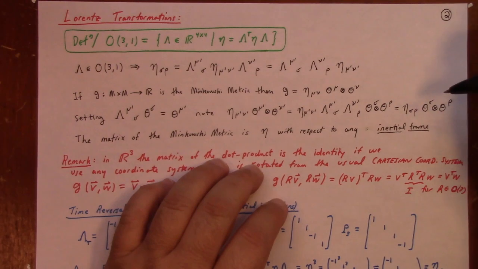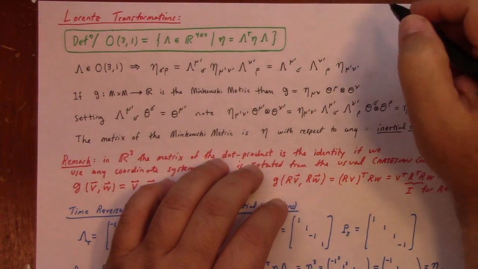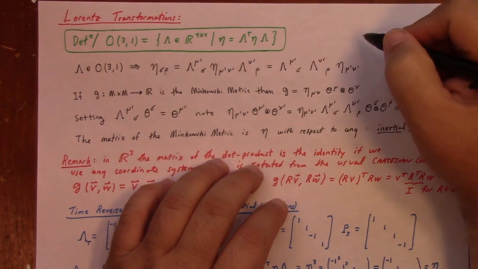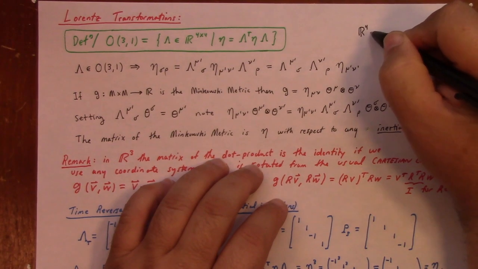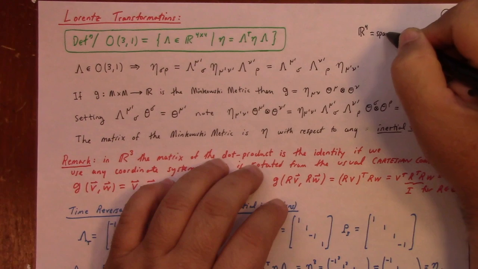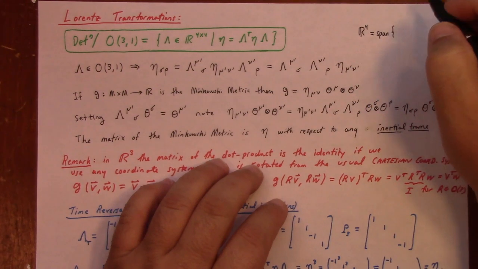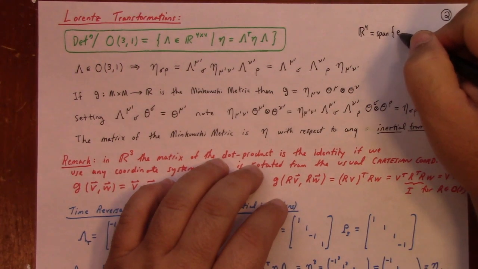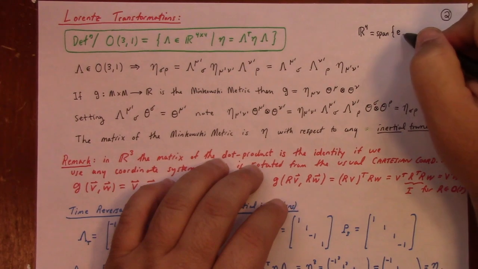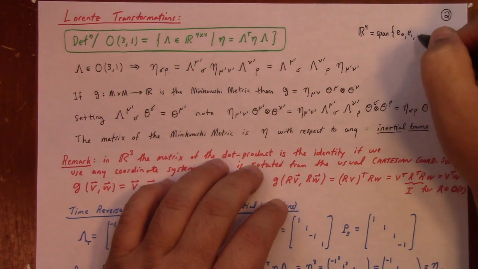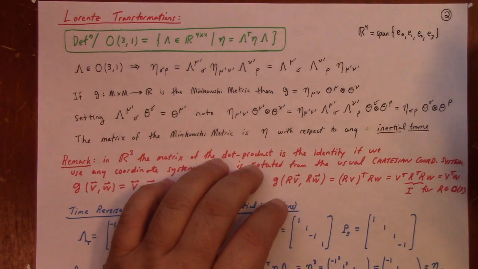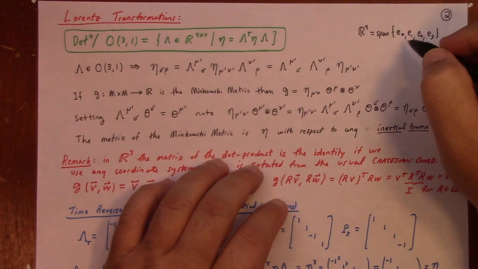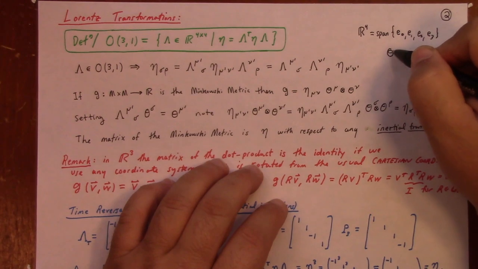Okay, so R4 for us would be the span of, in our current notation, E0, E1, E2, E3. And the dual vectors to this, theta, I'm using a theta.